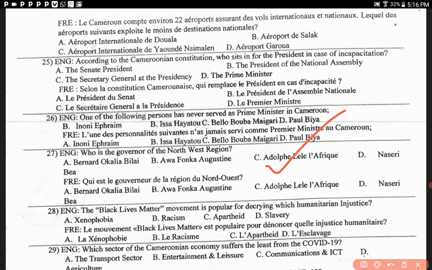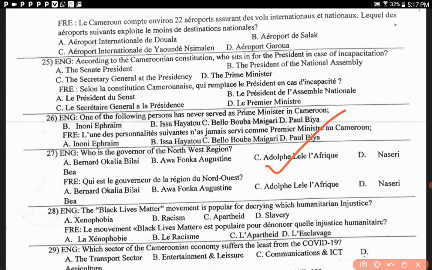Now, you can see, for example, Nasseri Paul Biya is the governor of the Center region, Yaoundé. So it's incorrect. Our Fonka Augustine, on the other hand, is the governor of the West region. And then Bernard, all these people here, they are governors, but the governor of the Northwest region is Adolphe Lele Lafrique.